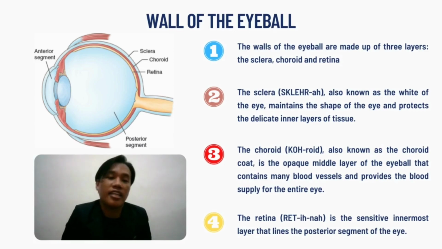And the last layer is the retina, the sensitive innermost layer that lines the posterior segment of the eye. The retina receives nerve impulses and transmits them to the brain via the optic nerve, which is also known as the second cranial nerve.